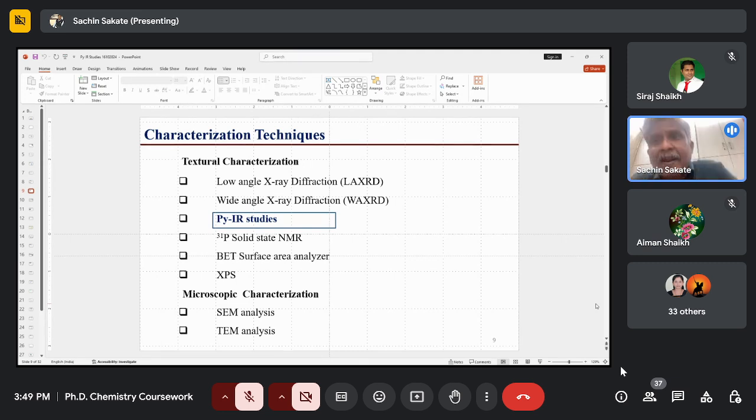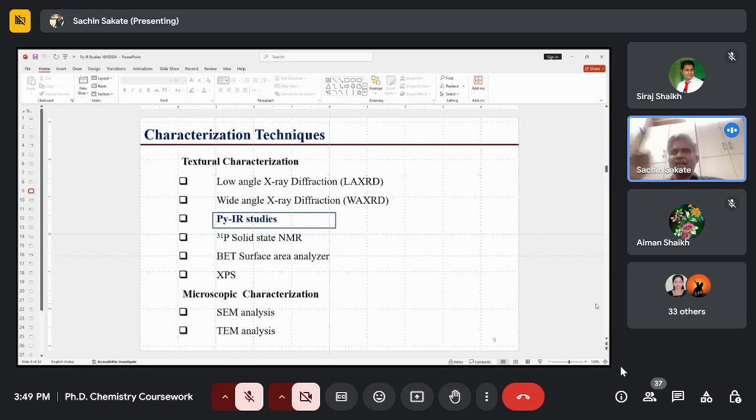These are categorized into textural characterization and microscopic characterization. Low angle XRD is the technique used for the identification of the prepared MCM41 material.